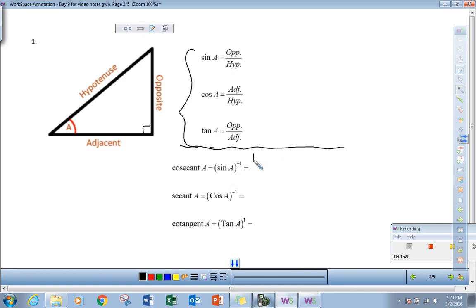So that means the cosecant is the hypotenuse side divided by the opposite side. The secant is the reciprocal of the cosine. So that's going to be the hypotenuse side over the adjacent side. The cotangent is the reciprocal of the tangent, so that's going to give us the adjacent side over the opposite side.